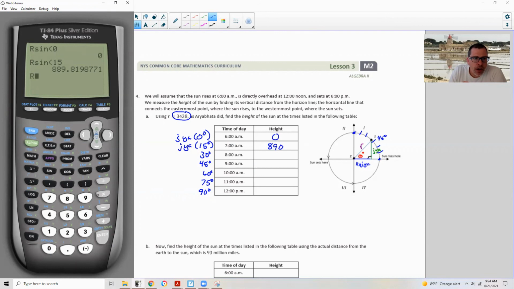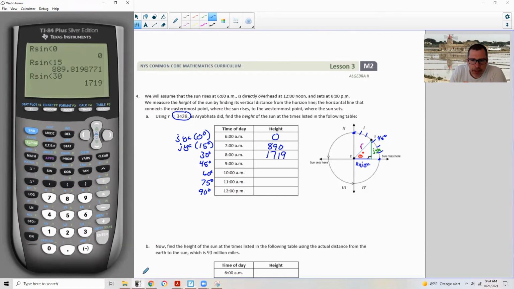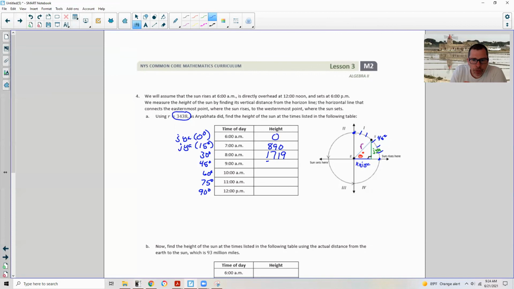So then I'm going to do r sine 30, and that is 1,719 feet. So that's 1719. And then at 9 a.m. is at 45 degrees. So alpha r sine 45 is 2,431.